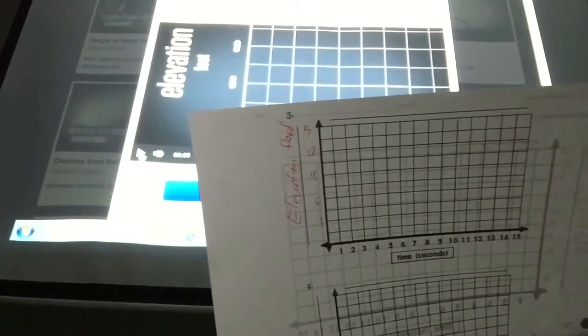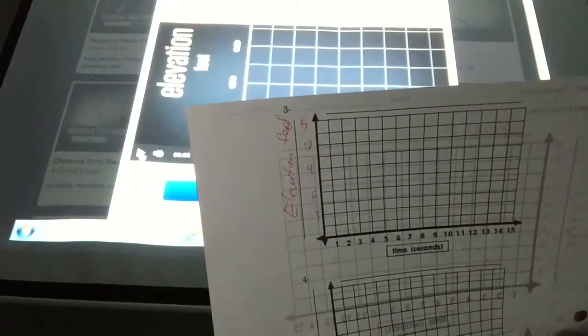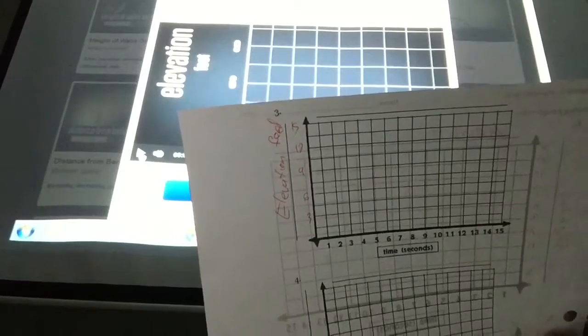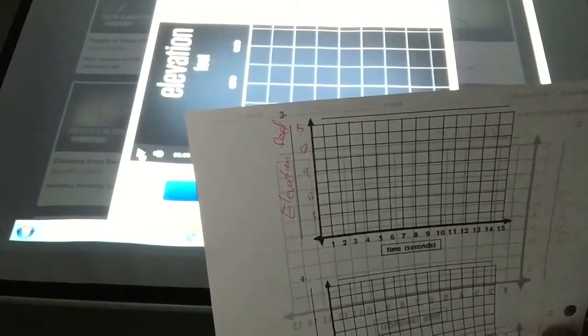So elevation, and it's in feet, and then we're going to have 3, 6, 9, 12, 15. That goes on the side, on the y-axis, the dependent variable. So 3, 6, 9, 12, 15, every 2 units. Okay? So let's go ahead and see what happens.